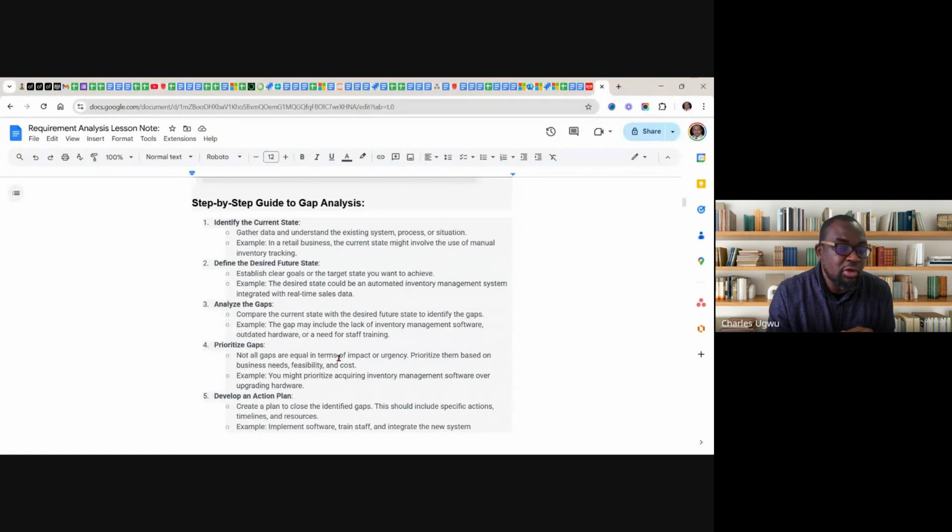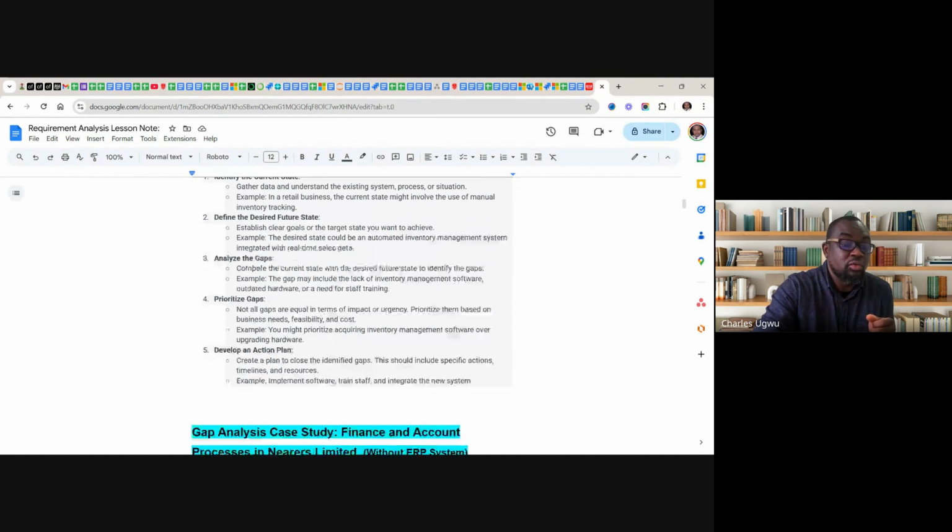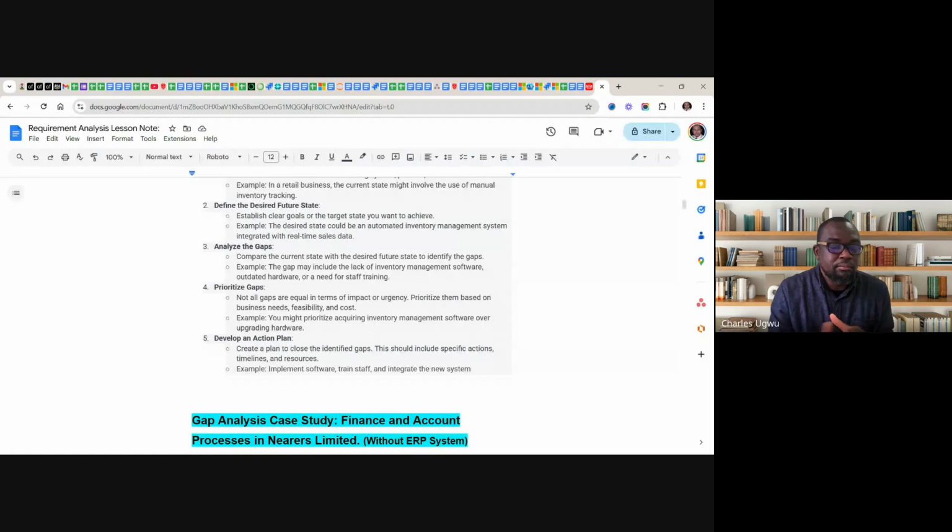Prioritize them based on the business need, feasibility, and cost. Example, you might prioritize acquiring inventory software over upgrading the existing hardware. So by the time you do your prioritization, you know where to start and which one to even put behind.